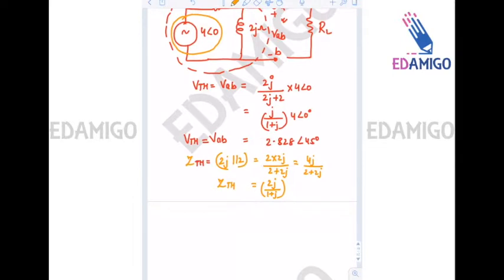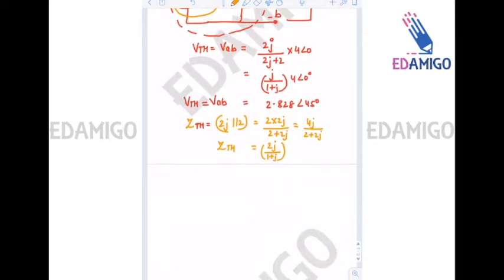Now between A and B terminals, this whole circuit can be represented by a series combination of a voltage source that has value 2.828 angle 45 degrees, and impedance ZTH, and RL is connected here.